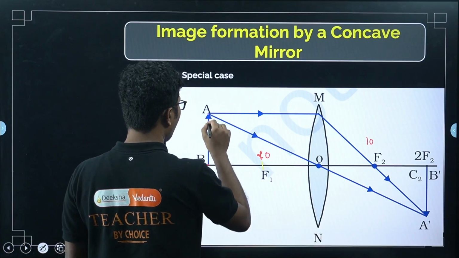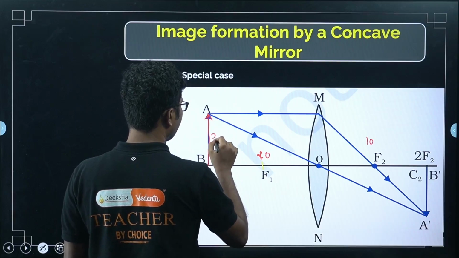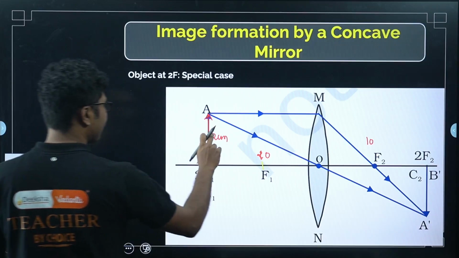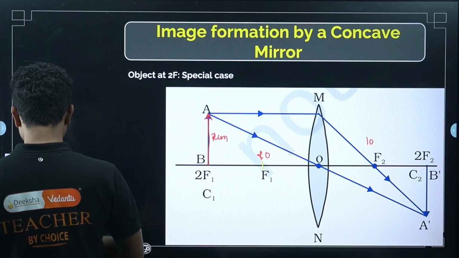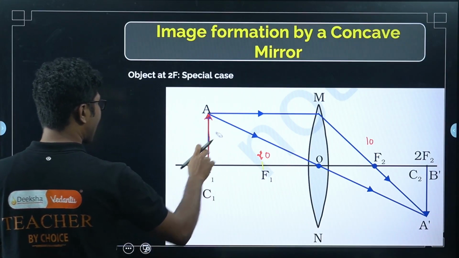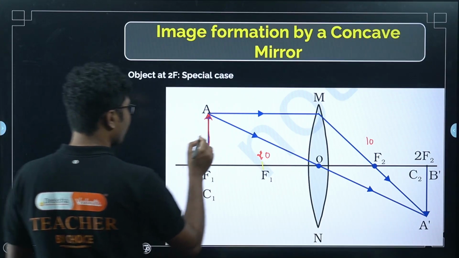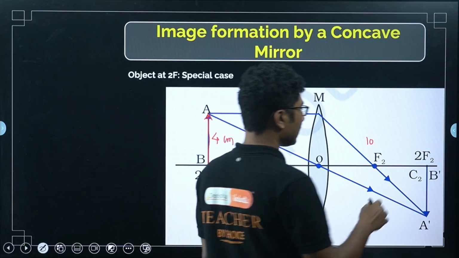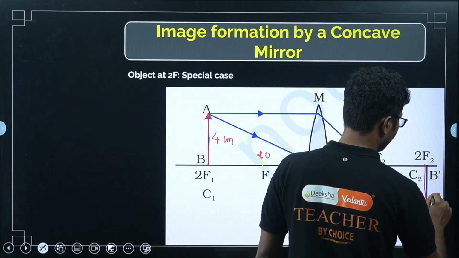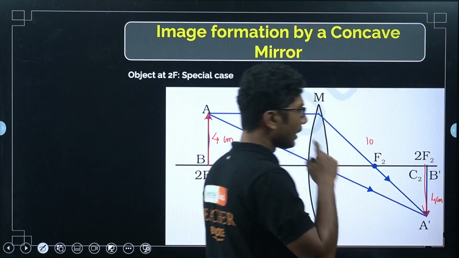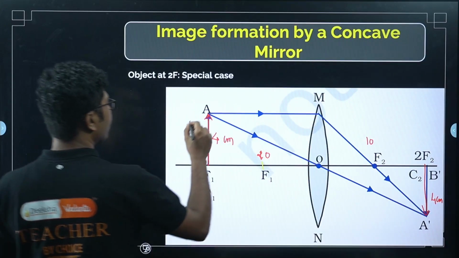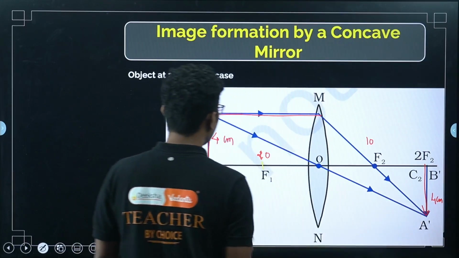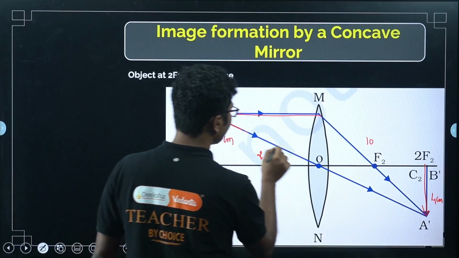Now draw a 4 centimeter upward arrow; 2 centimeter is very small. Take another downward arrow of 4 centimeter. Once you have completed these two arrows, you take one parallel line like this and join this, and then take this line and join this.